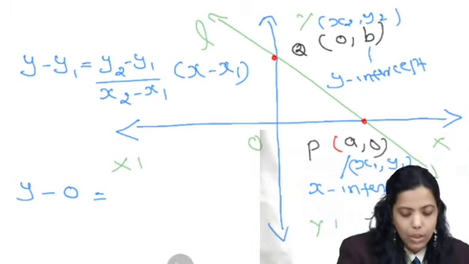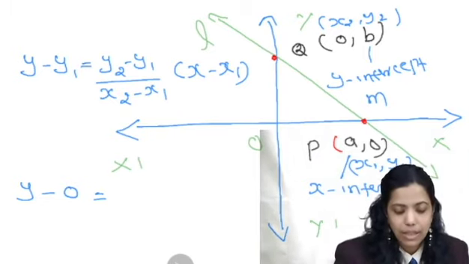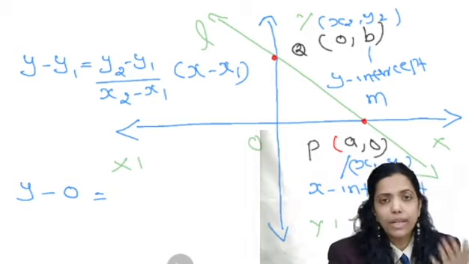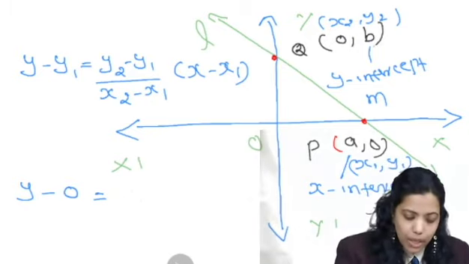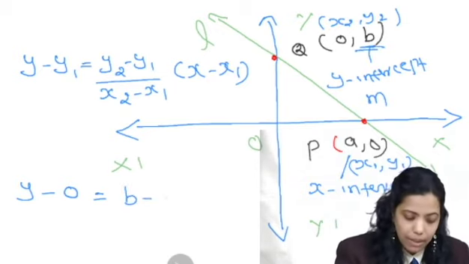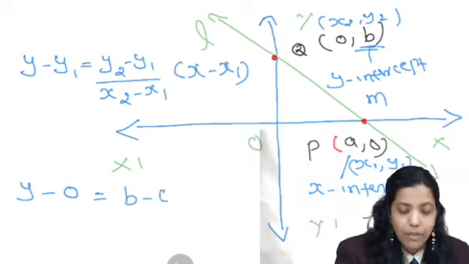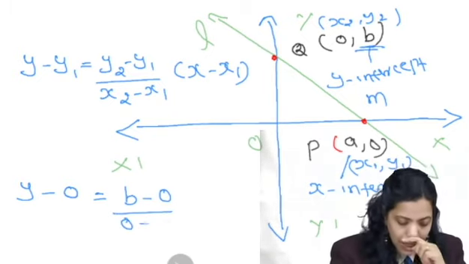It is equal to the slope of the line, that is nothing but m. As we know, it is the difference between the ordinates upon the difference between the abscissae. So y2 minus y1. What is the value of y2? That is b. b minus y1 means b minus 0, upon x2 minus x1.